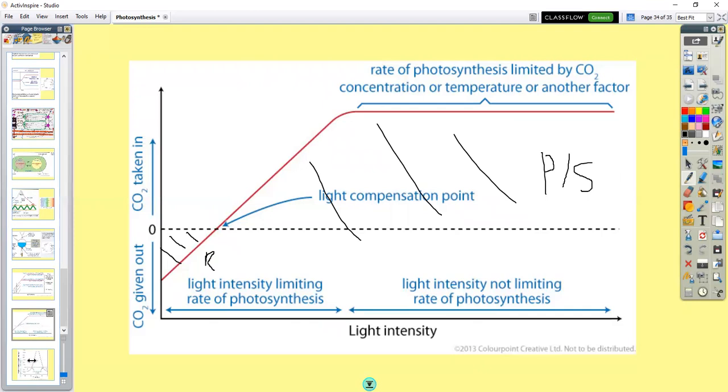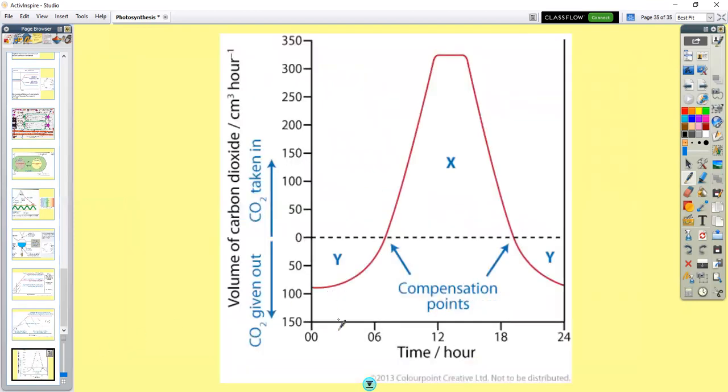And if you think about over the course of a day, a 24-hour period, you would have two compensation points. When the light intensity is very low, between 12 and about 7 in the morning, you have more respiration going on compared to photosynthesis. Whereas after that, you have a higher level of photosynthesis.